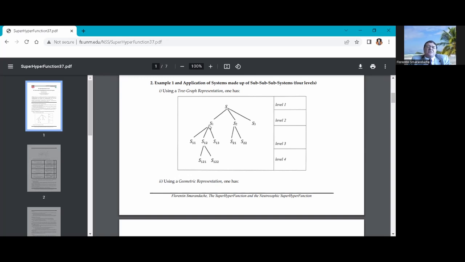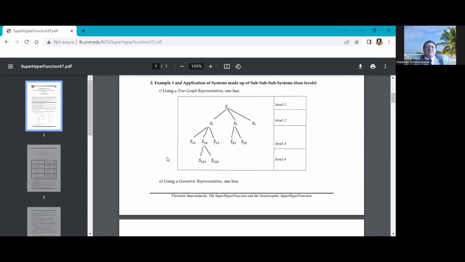Then the subsystem S1 is formed by subsystems S11, S12, S13. Similarly, the subsystem S2 is formed by subsystems S21, S22, which is level 3.